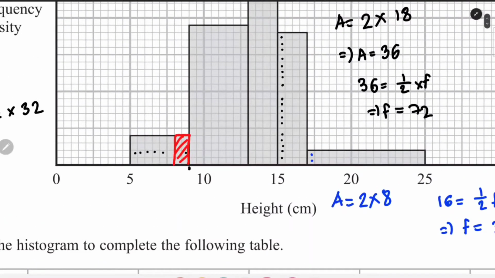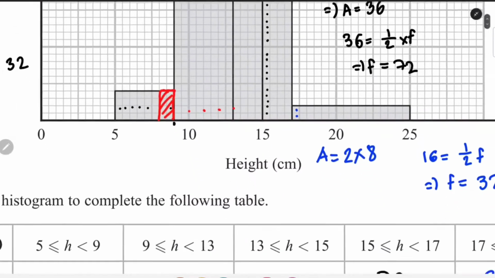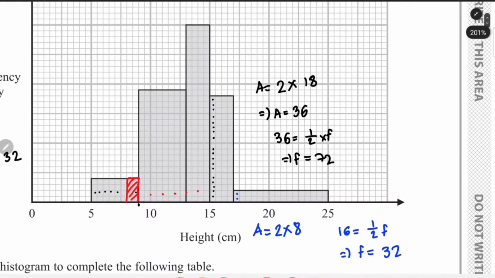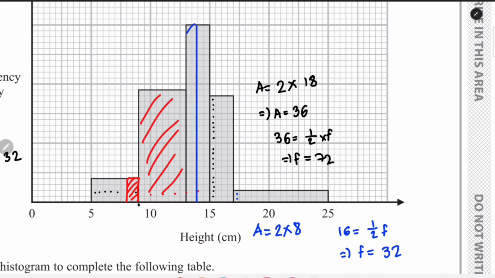And up to 14, so this is 10, this is 11, 12, 13, and this over here is 14. So the whole of this bar as well, and this portion of this bar.